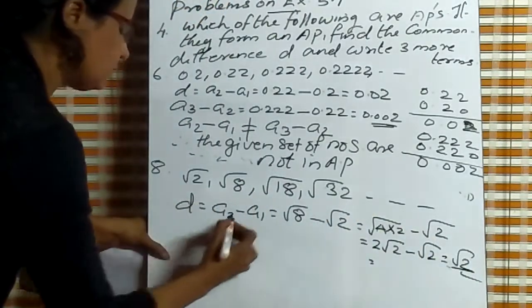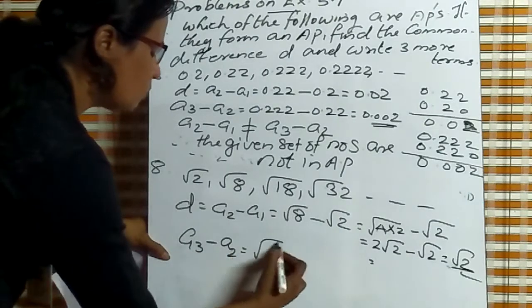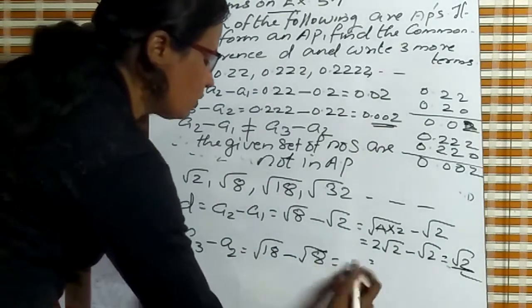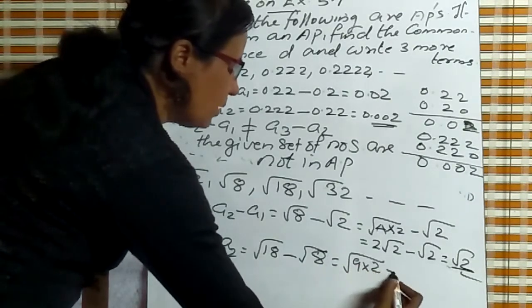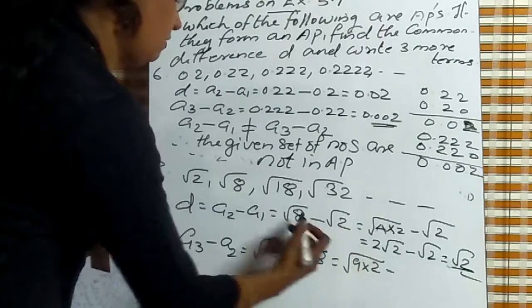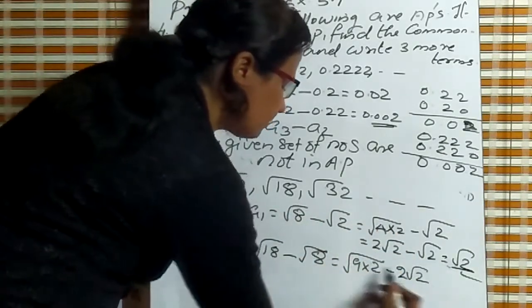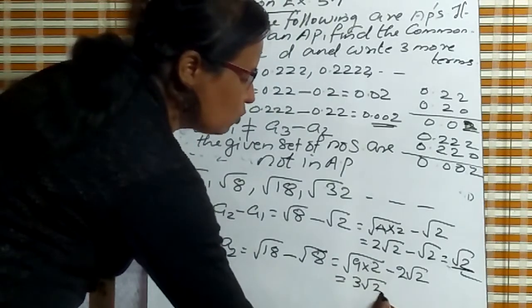Then what is A3 minus A2? Root 18 minus root 8. Root 18 is equal to root of 9 into 2, minus root 8. What is root 8? Root 8 is 2 root 2. What is root of 9 into 2? 3 root 2.